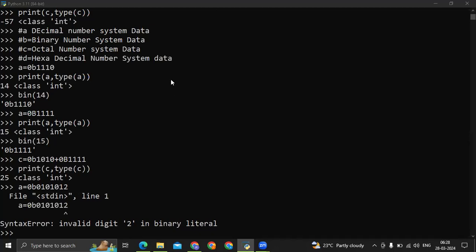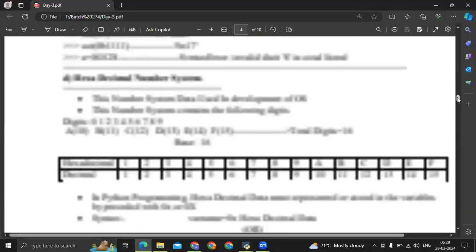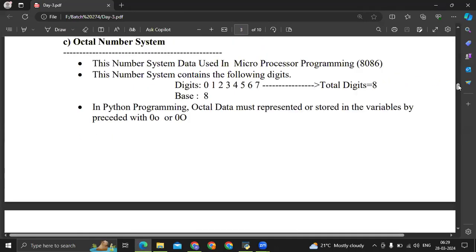Now, let's go ahead with the octal number system data. Just a minute, students, let me proceed, then I'll clear your doubts. After the binary number system data, let's talk about the octal number system data.